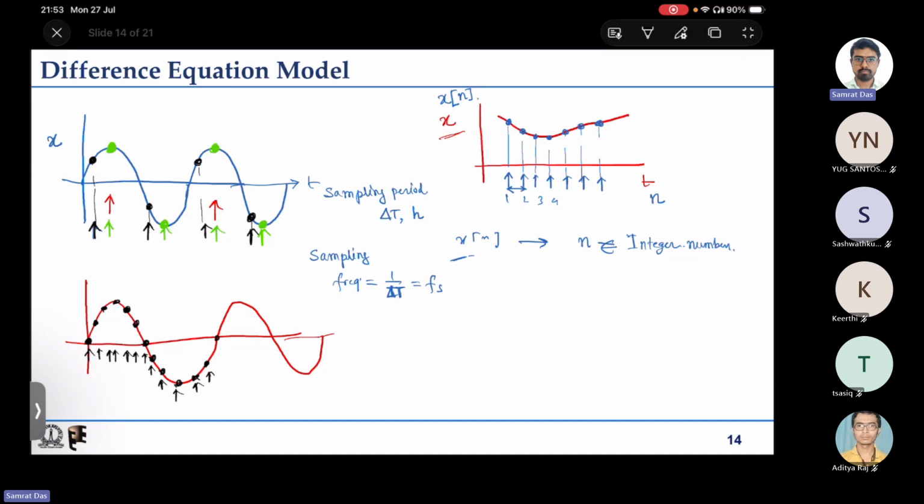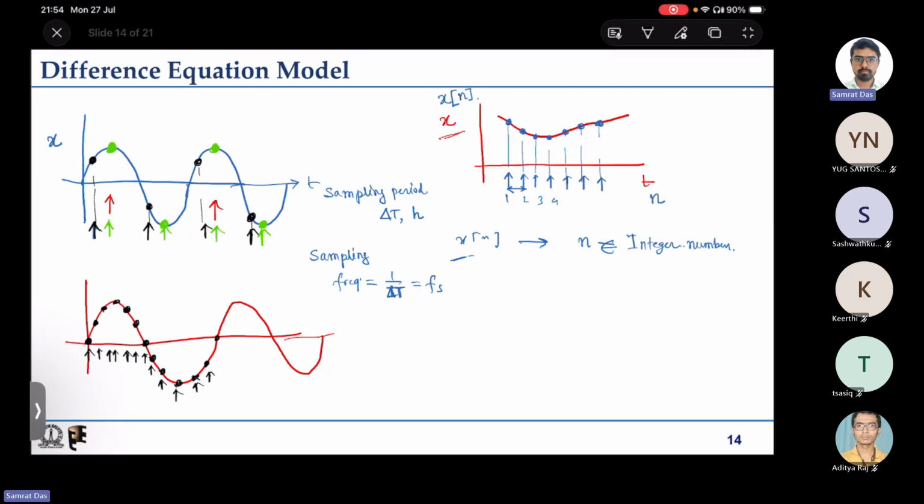So today we'll start with a discussion about how continuous time differential equations are transformed into their difference equation counterparts by using certain numerical methods.